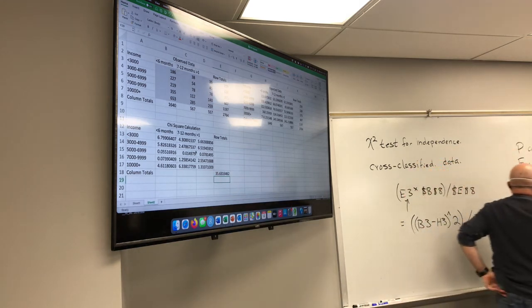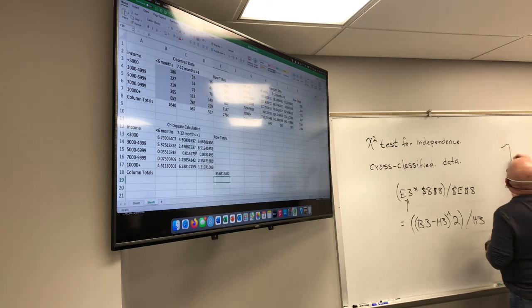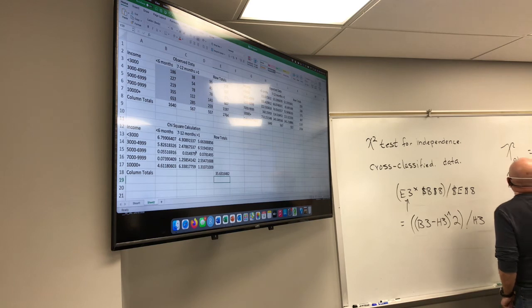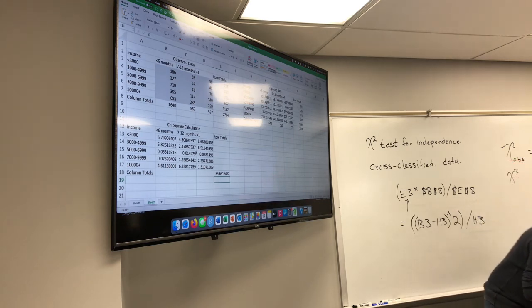So in this case, we have a chi-square value observed of 35.6316.462. Yeah, how did you do the chi-square again?